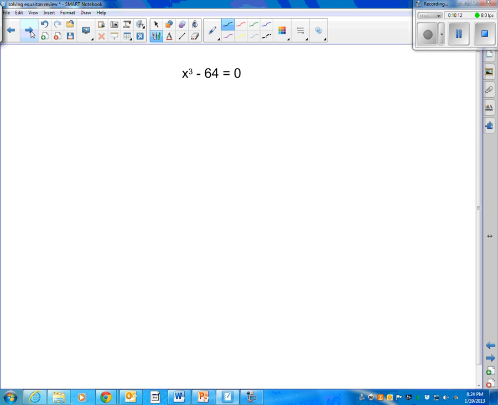All right, let's look at the next problem. x cubed minus 64. Okay. If I isolate the variable, the calculator is going to give me one answer. If I isolate the variable, add 64, you would take the cube root, right?